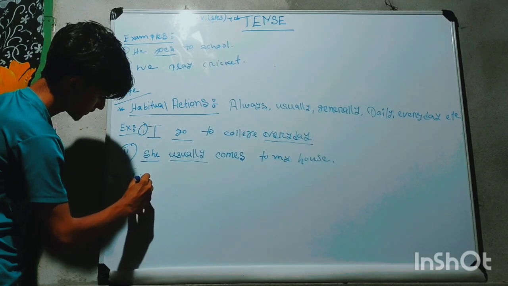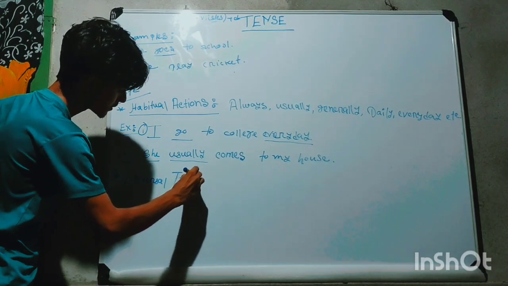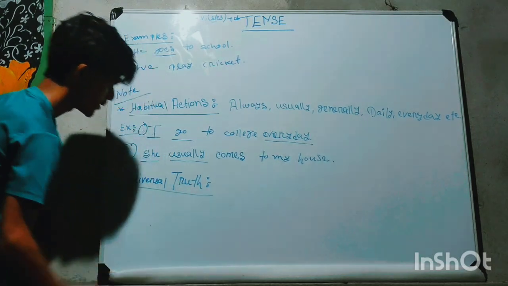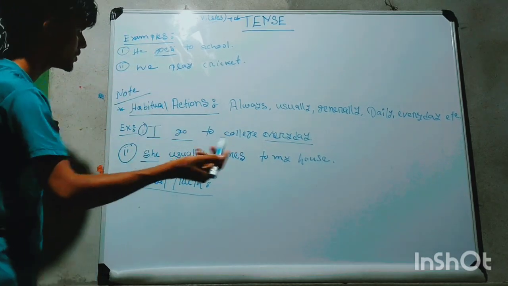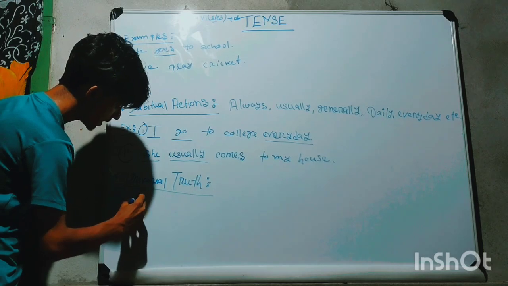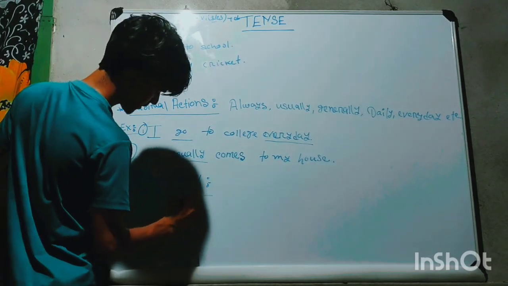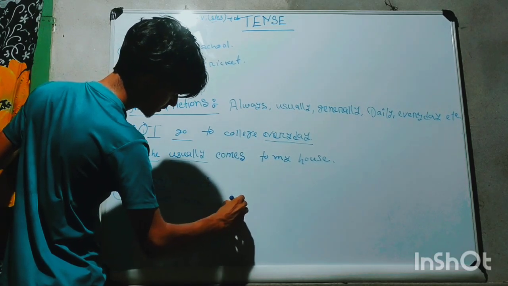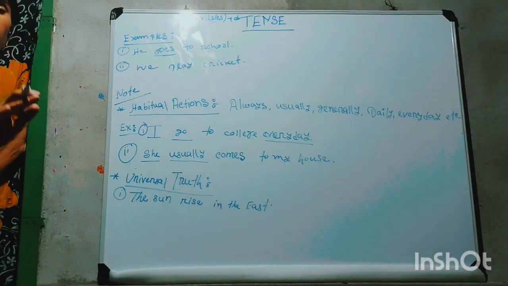Note number two: universal truth. Universal truth refers to those things which are universally true or universally approved. First, the sun rises in the east.